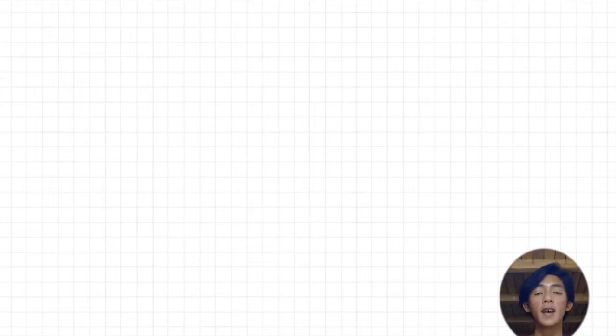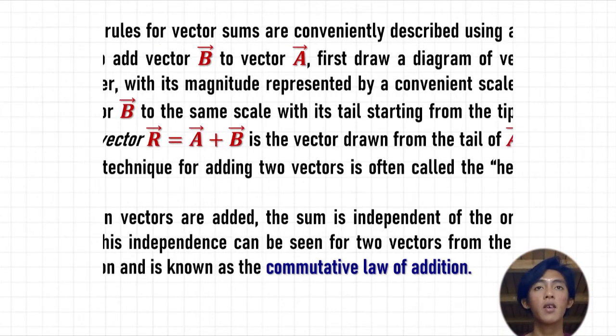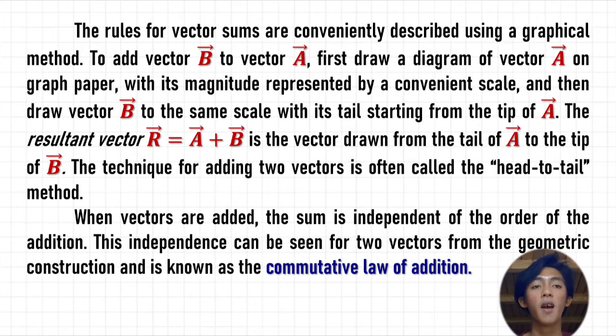First, we discuss vector addition. The rules of vector sums are conveniently described using a graphical method. To add vector B to vector A, first draw a diagram of vector A on graph paper with its magnitude represented by a convenient scale, and then draw vector B to the same scale with its tail starting from the tip of vector A, as shown in the figure.